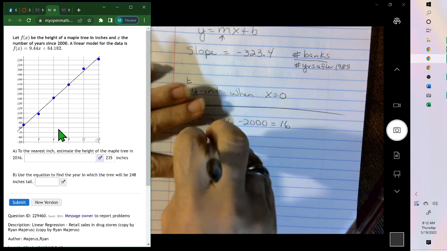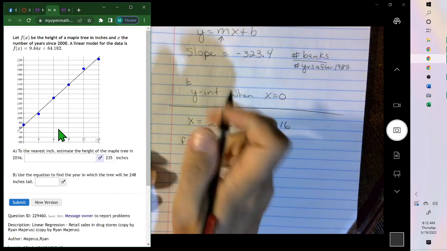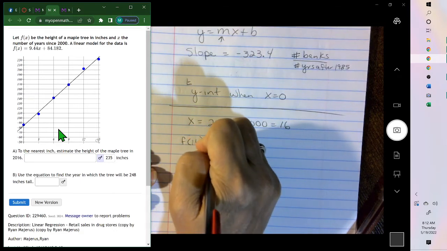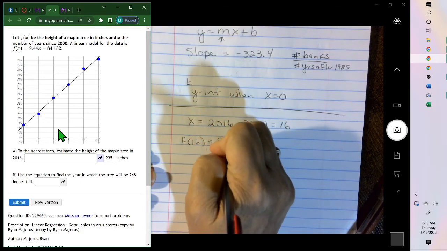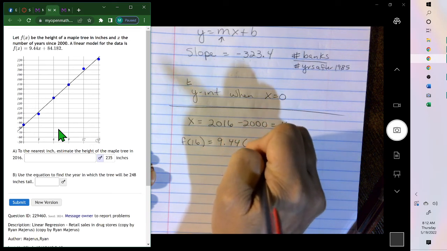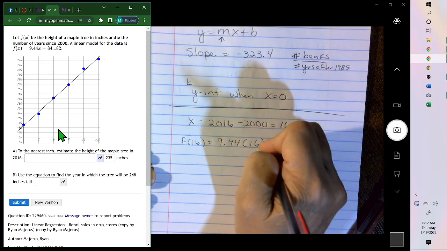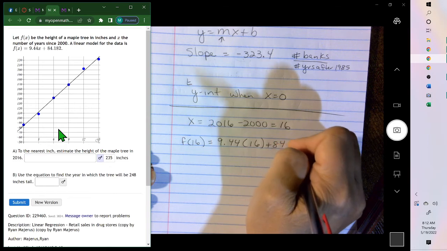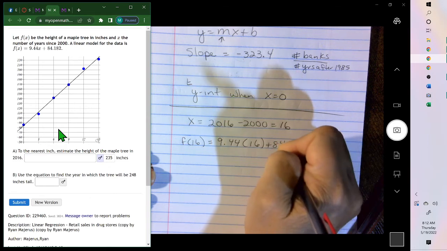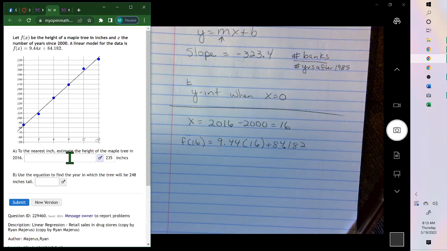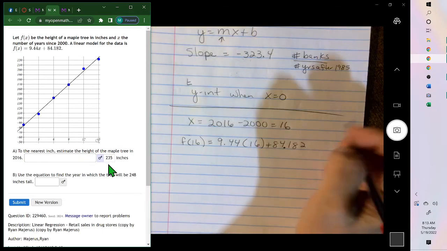I think the biggest thing is make sure you're using the equation and not trying to estimate it from the graph. And when you plug that in and round to the nearest inch, you'll get 235.